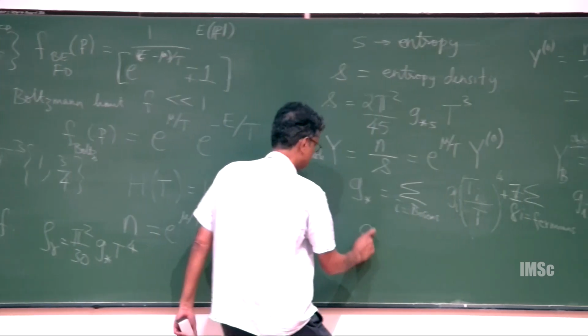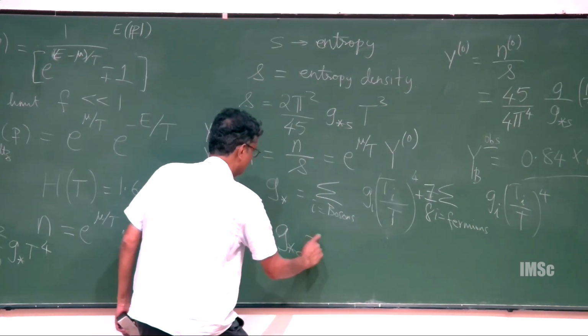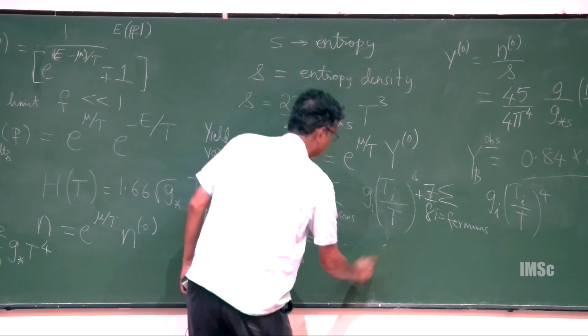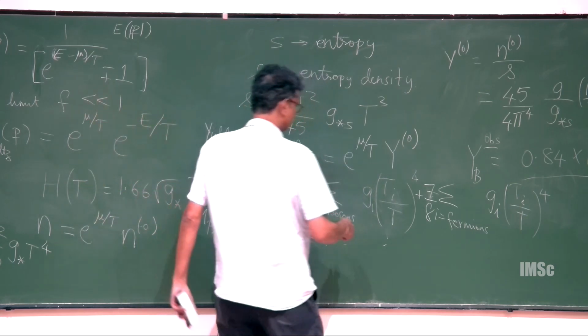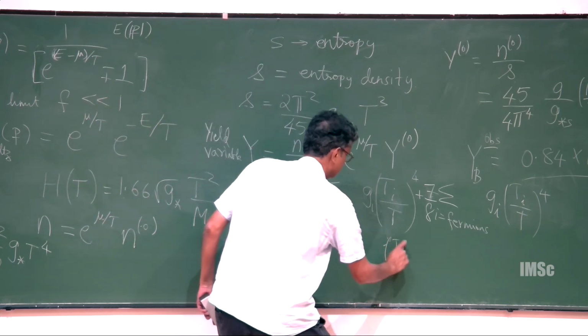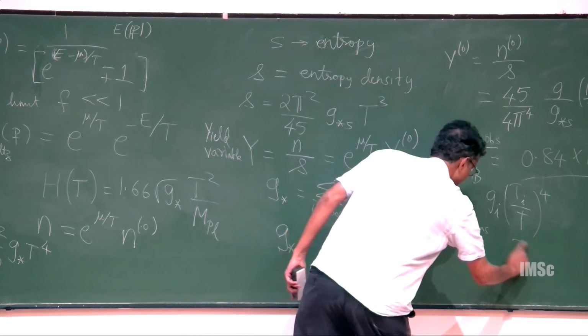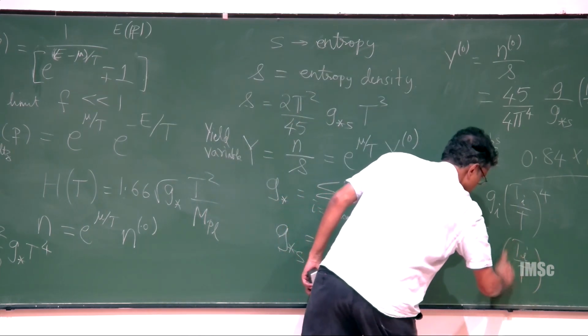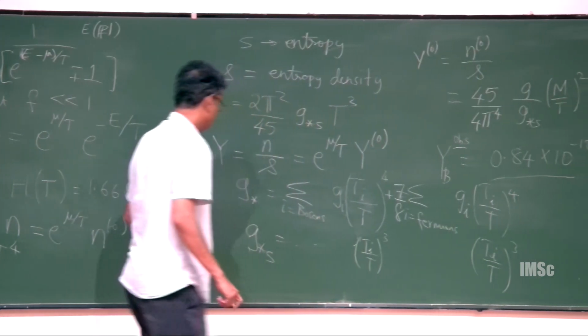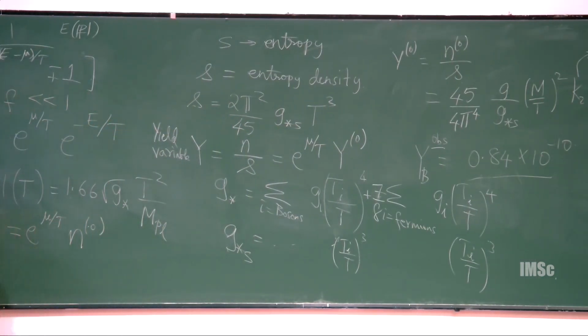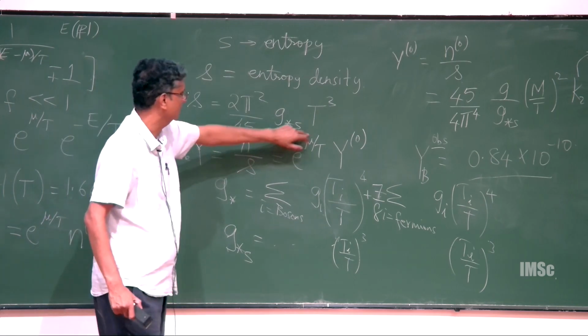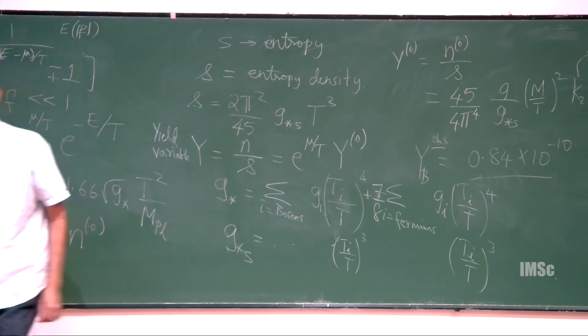And similarly G star S is another weighted thing. Everything remains the same except that because that scales as T cube, I just have this here, and so that's the G star S. So the same expression here, but wherever S appears, it has been written in terms of the G star S. The same kind of thing.